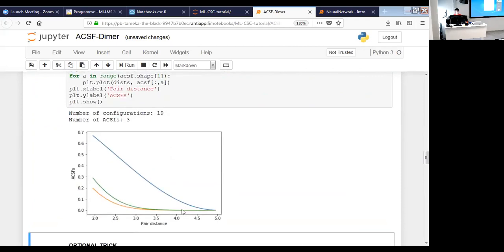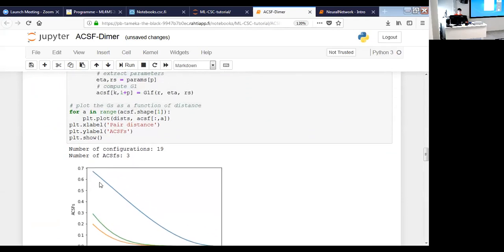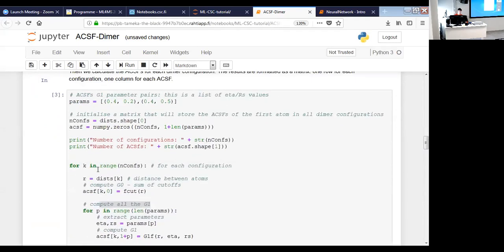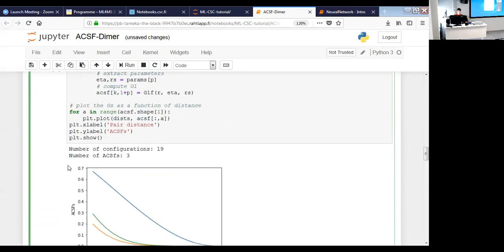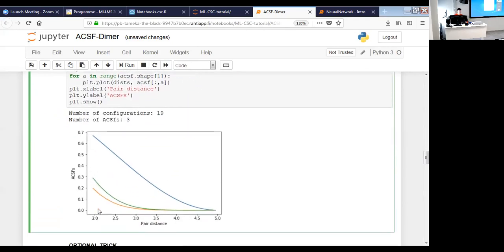And this is what we get. As a function of pair distance, we get the G0, G1, and the other G1. There are 2 because we have 2 tuples here. So the first one is from the cutoff, the other 2 are from the G1.